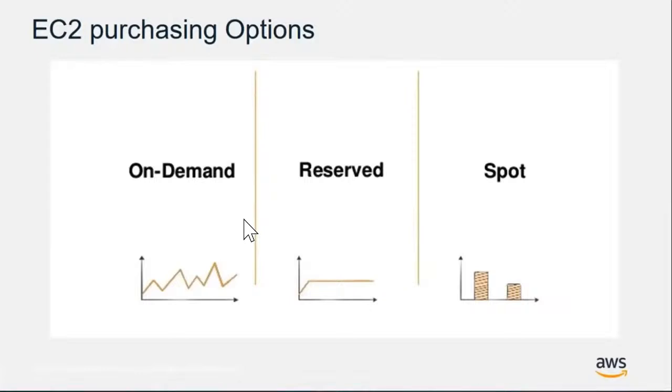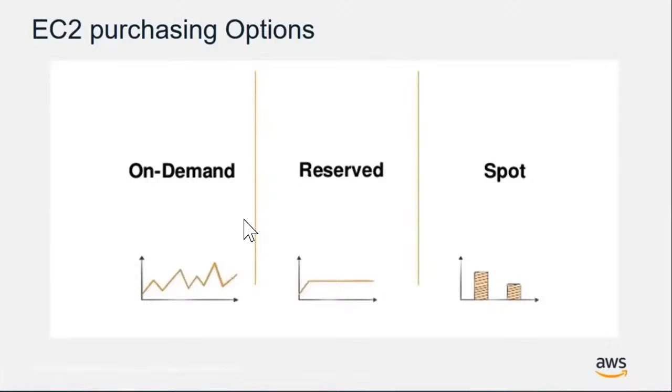AWS also has a third model called Spot. This is massive infrastructure, and many times a lot of it is unutilized.